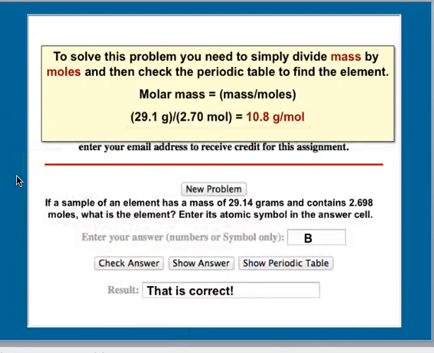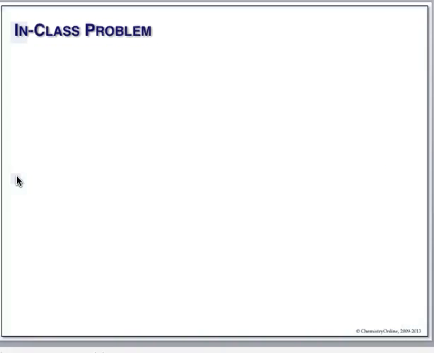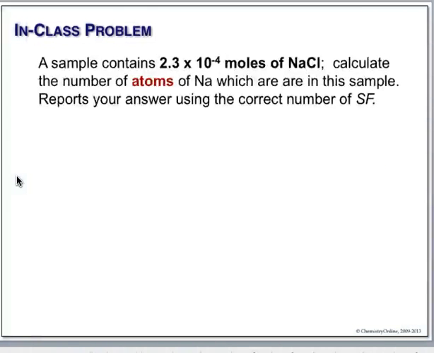Any questions? All right, this was an exam question. It was actually an extra credit. Had to show all your work. You were told you had 2.3 times 10 to the minus 4 moles of sodium chloride. How many atoms of sodium are there?